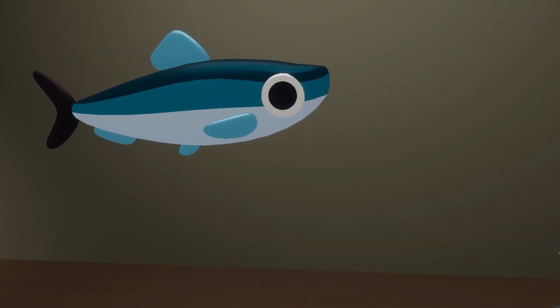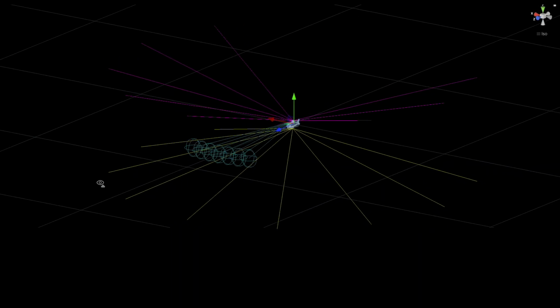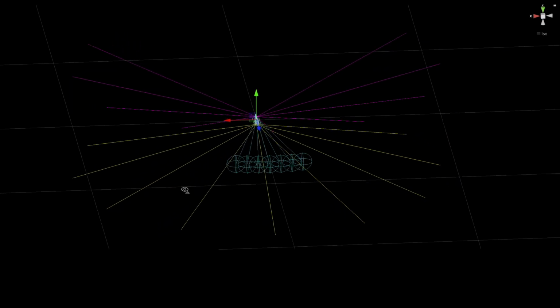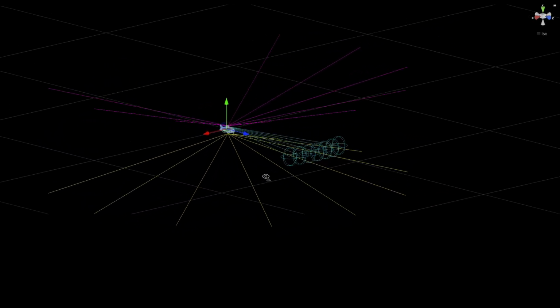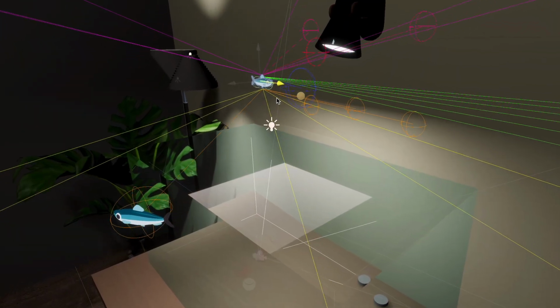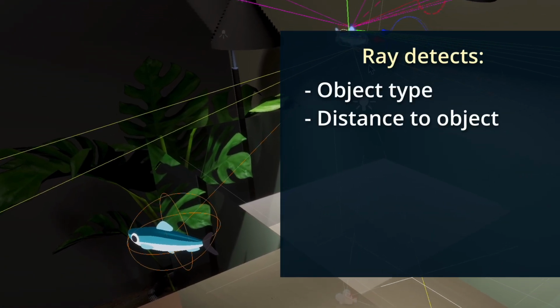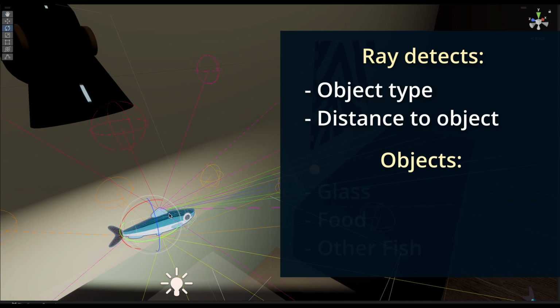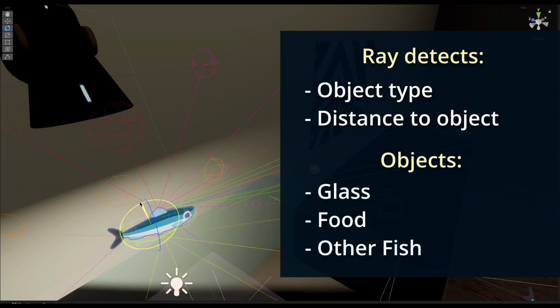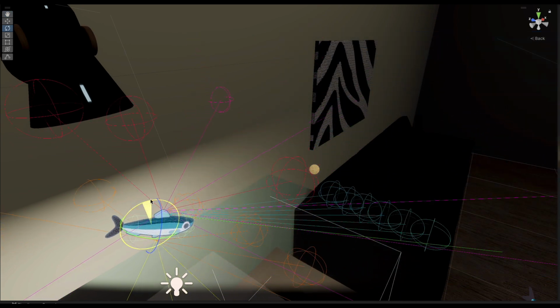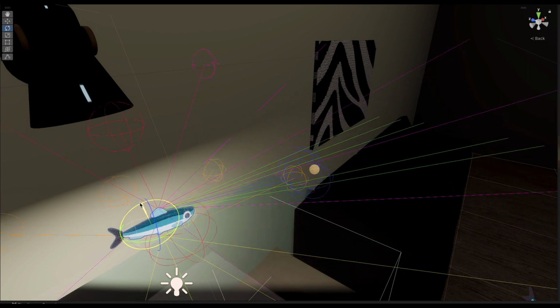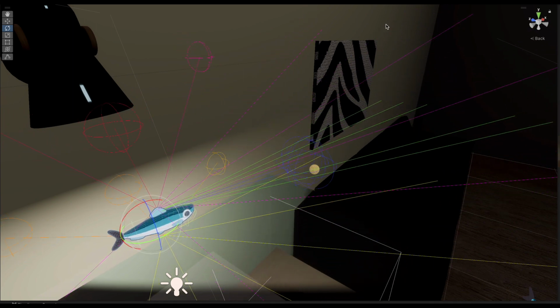Arti's eyes operate on the principle of echolocation used by bats. Rays are emitted into space, and if a ray detects an obstacle, Arti receives information about what the ray has encountered and at what distance from the fish it happened. Arti's eyes are configured to recognize the aquarium glass, food, and other fish. Now that we know how Arti is structured, we can proceed with his training.